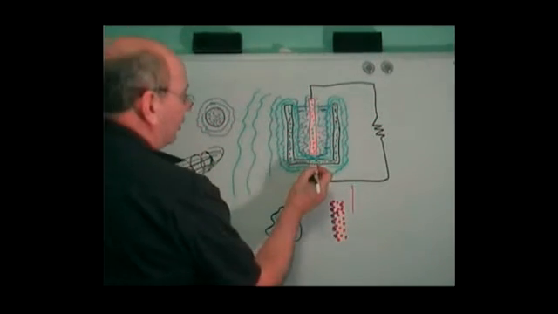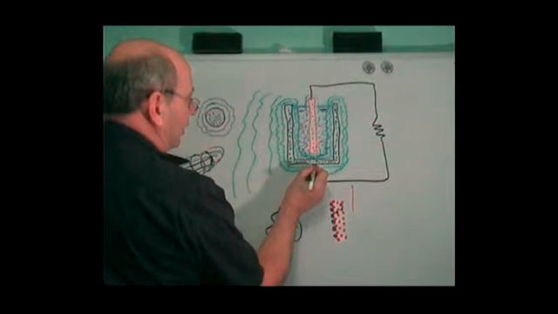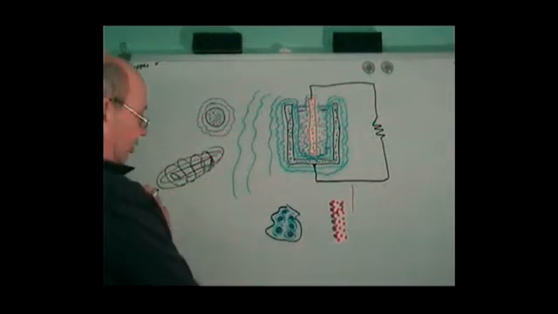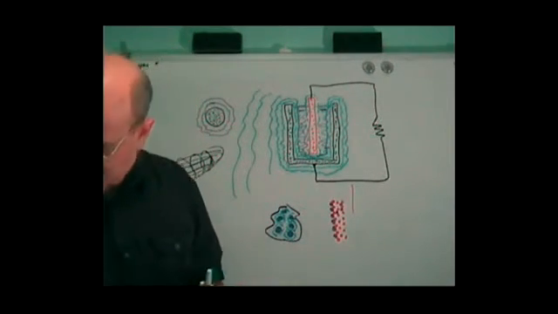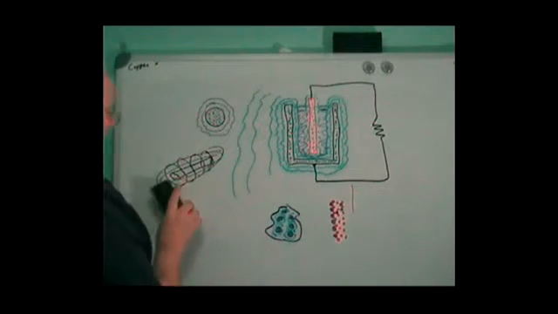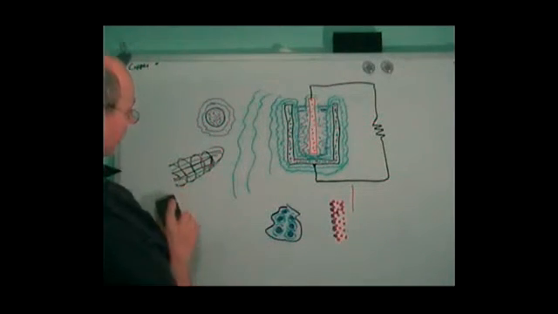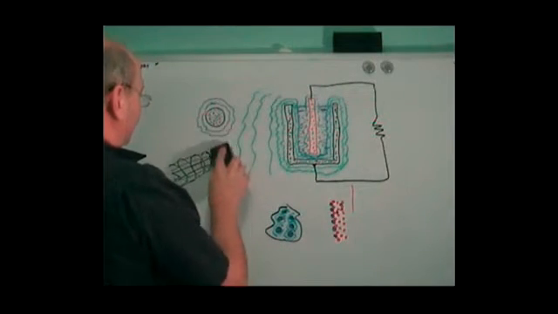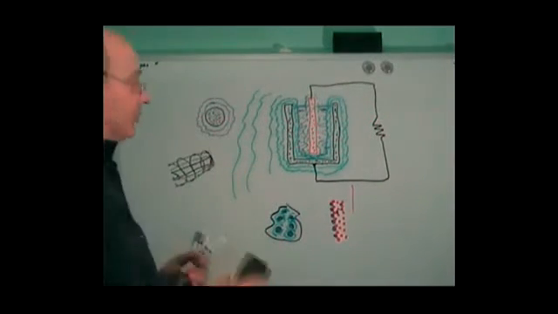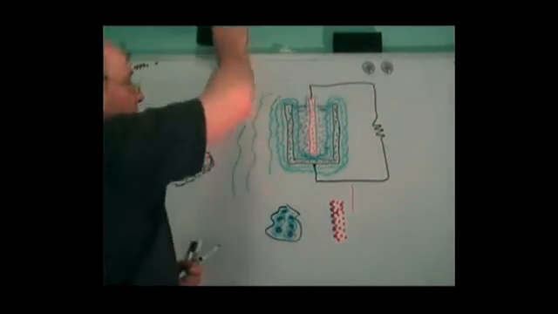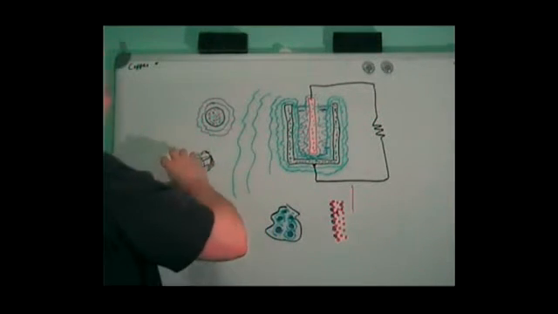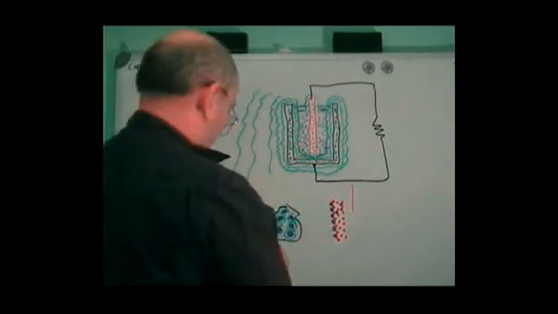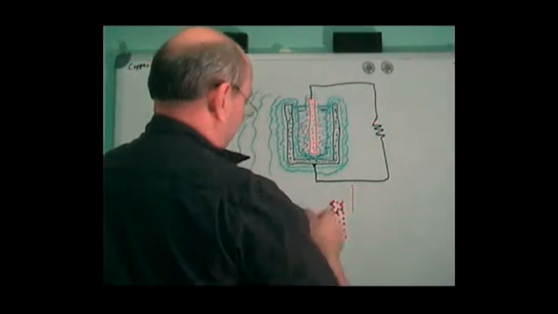When you connect the wire electronically to this, you now break off this, and you connect the other end, and you break off that. So now what you end up with is a cylinder of energy that is surrounding this wire.